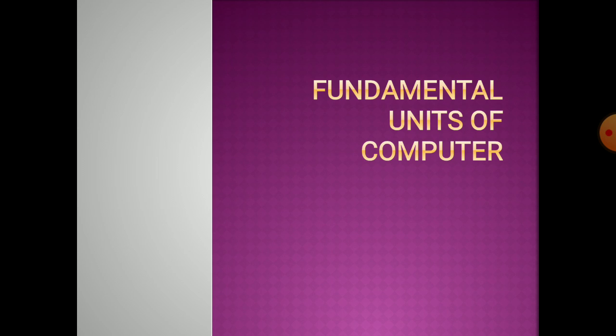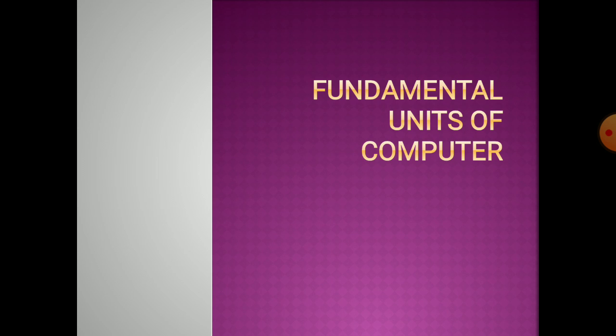So, from the last two sessions, we started to study the fundamentals of computer, that is, the overview of computer chapter. In the last sessions, we were seeing the topic characteristics of computer, which is also called features of computers. We studied in detail all the characteristics of your computer.